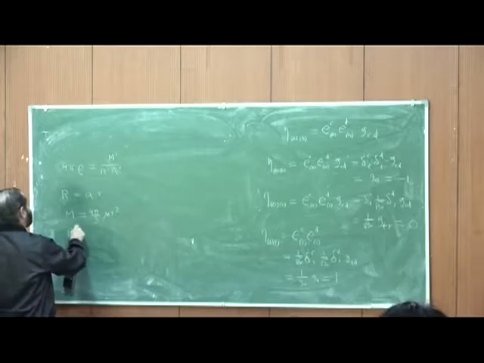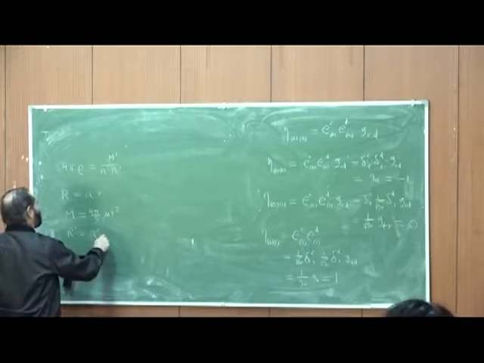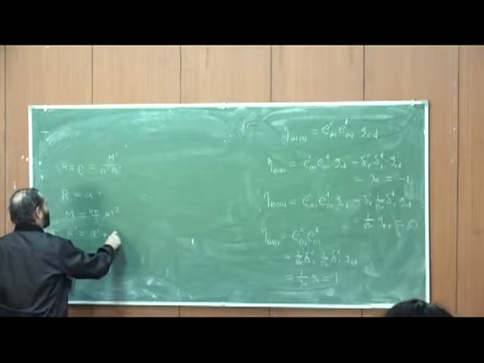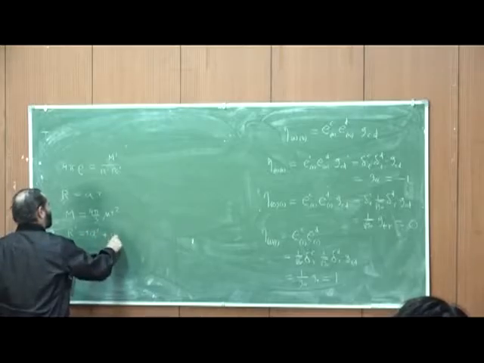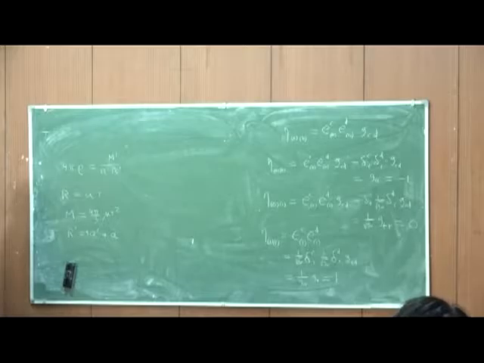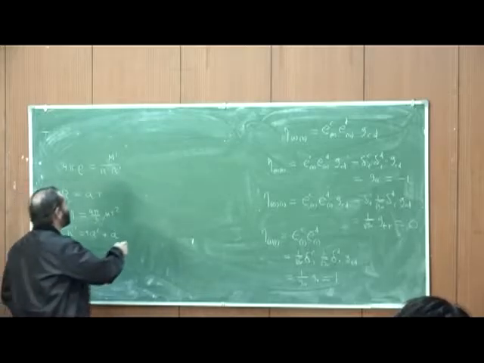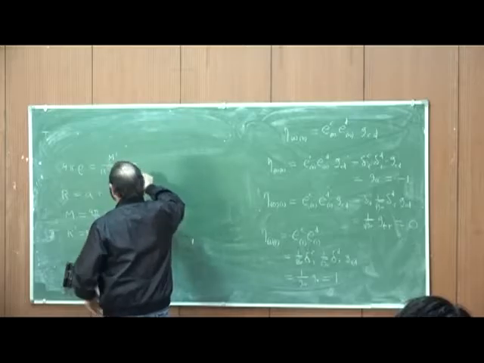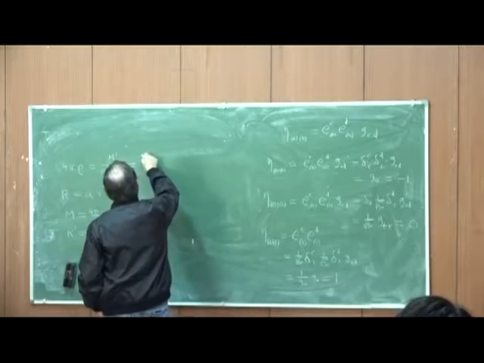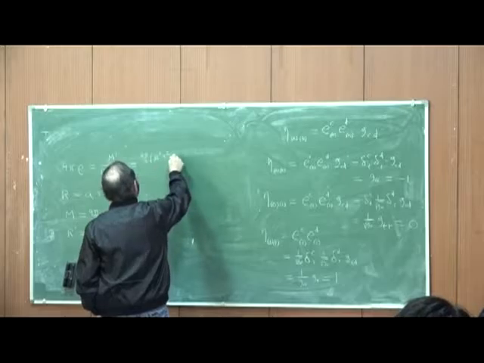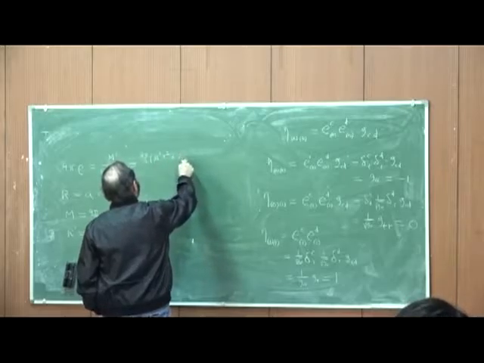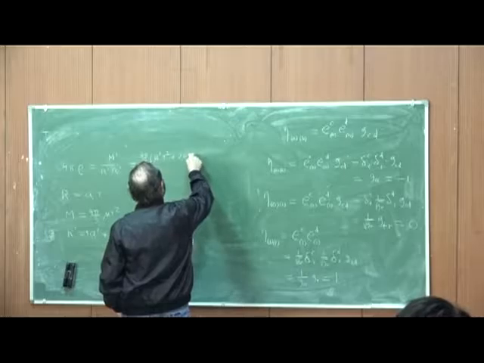So r prime is going to be a prime times r times a, right? We just substitute everything. This is going to be the prime of this, which is first 4 pi third, then mu prime r squared plus 2 mu r.